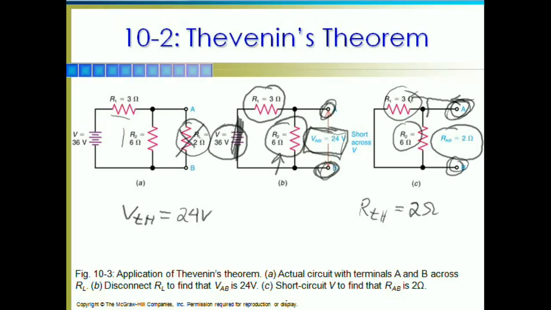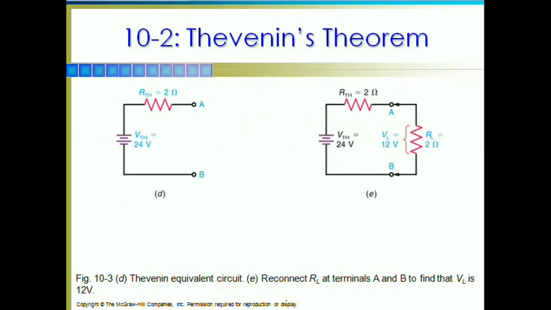So now you can redraw your voltage divider as a Thevenin circuit: a single voltage source of 24 volts and a single series resistor of 2 ohms. Now you just stuff your load in there and calculate what the effect of the load is going to be.